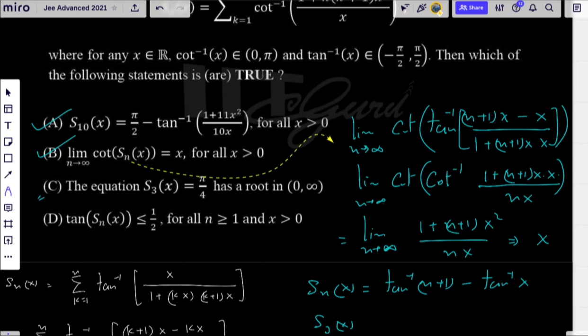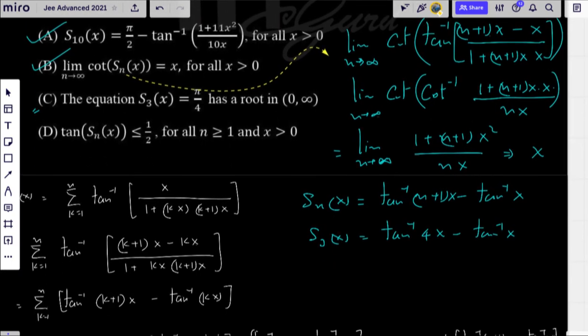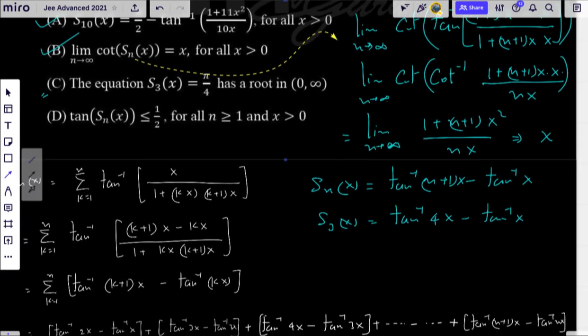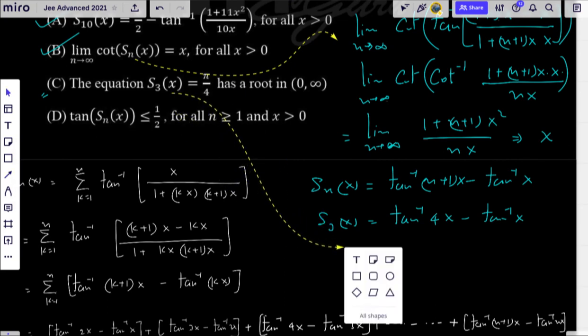So S3 of x we write this way: tan inverse, we have to write 4x, sorry, tan inverse 4x minus tan inverse x. If we solve this and equate with pi by 4 as per the given question, S3 of x is given as pi by 4.